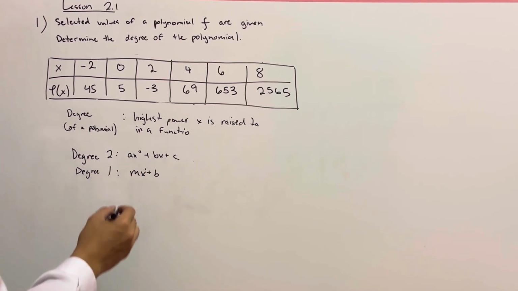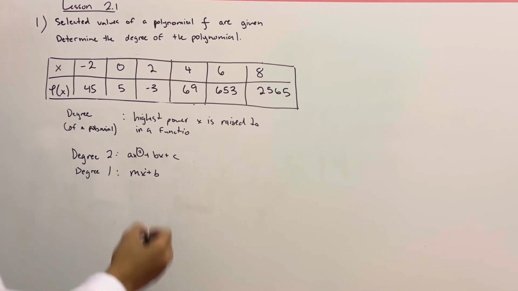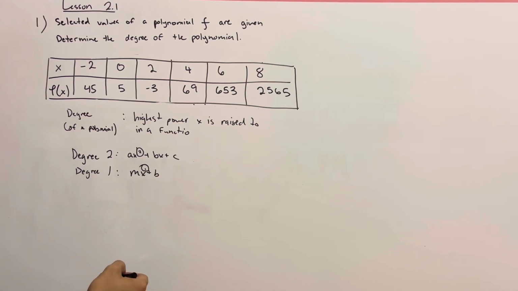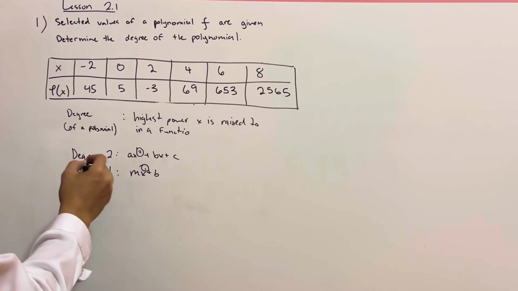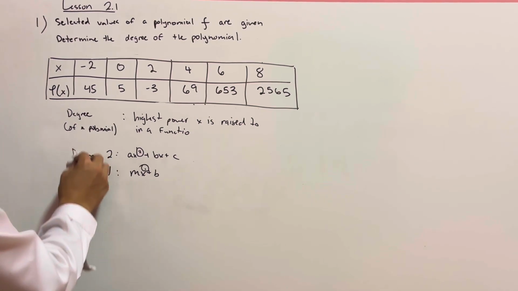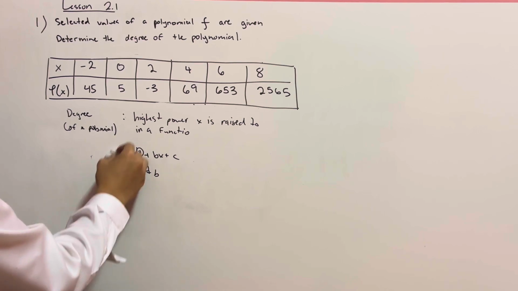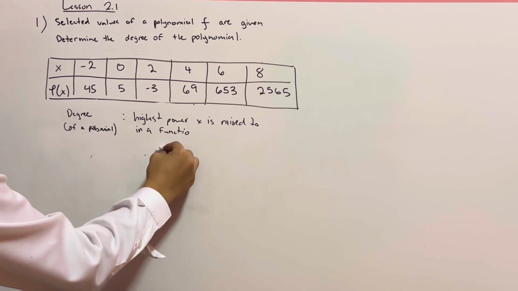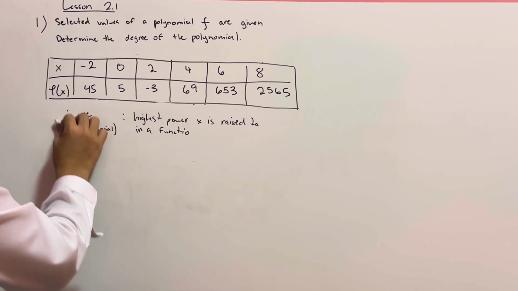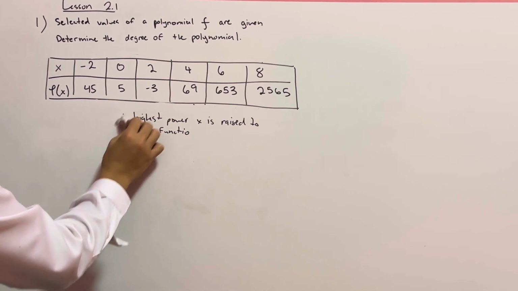Degree 2 functions, we have x being raised to the second power being the highest degree, and x being raised to the first power as the highest degree for linear functions. For quadratic functions, it would be degree 2. Okay, so those are the degrees we've worked with in the past. We're just introducing more degrees. Way more degrees, right?